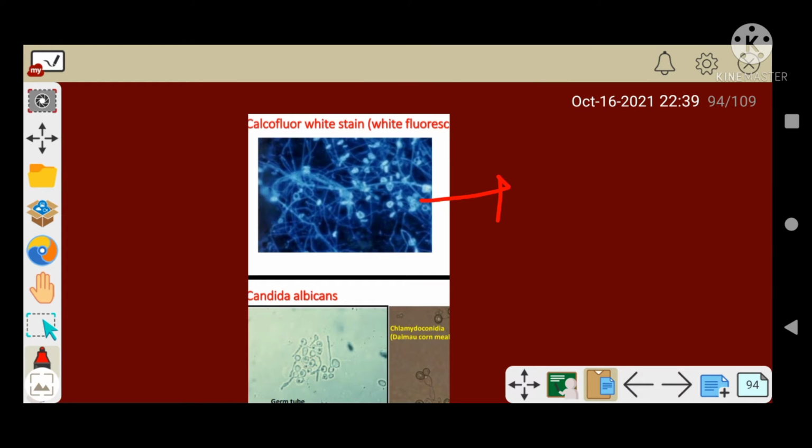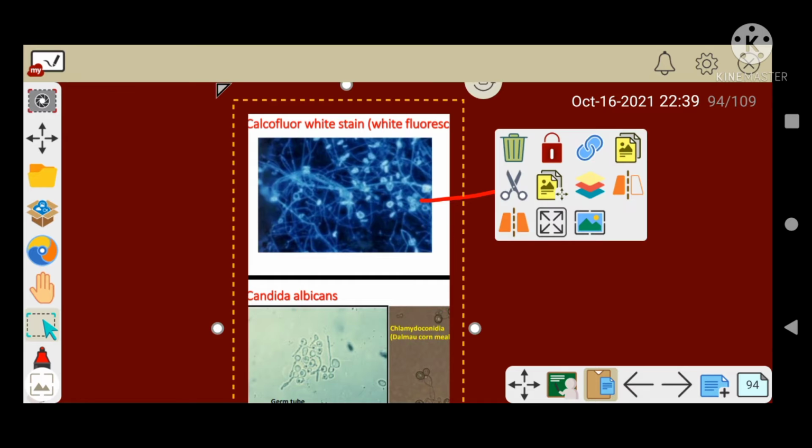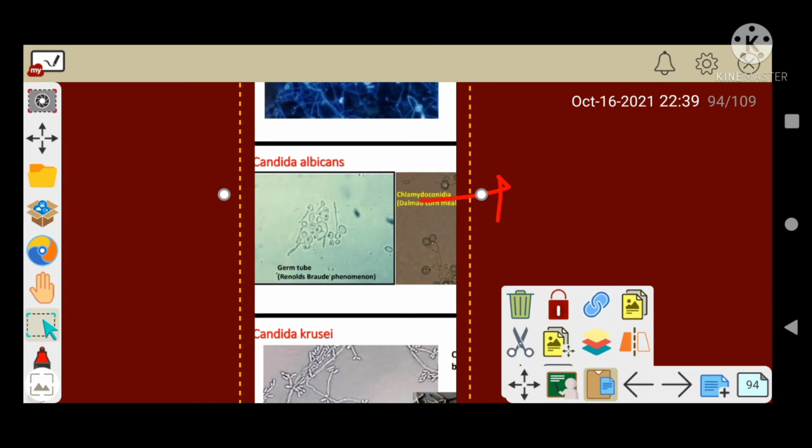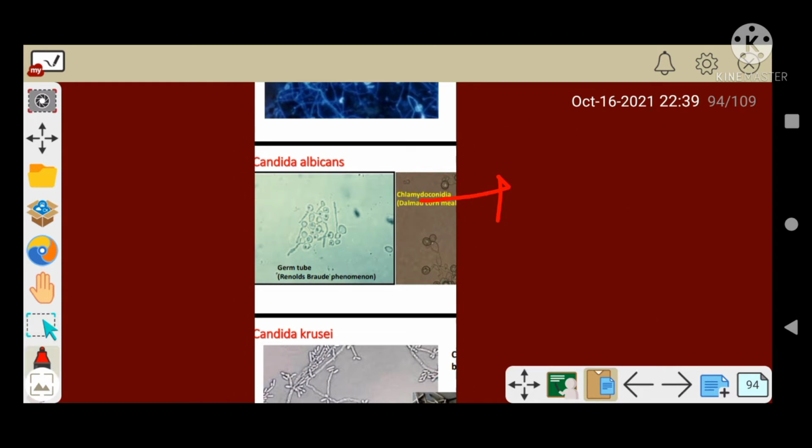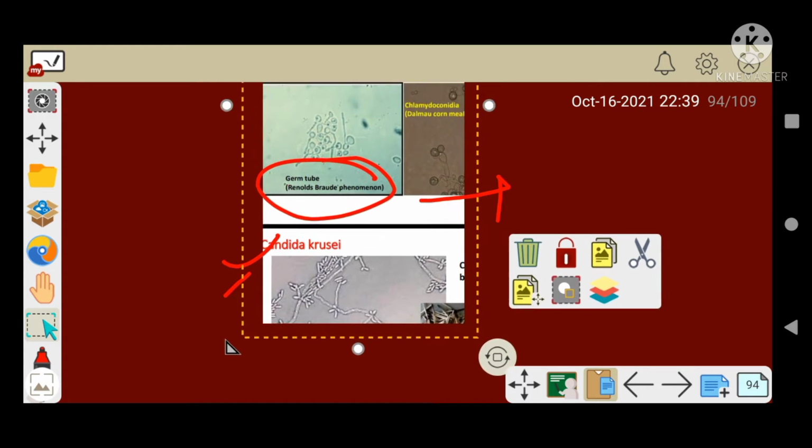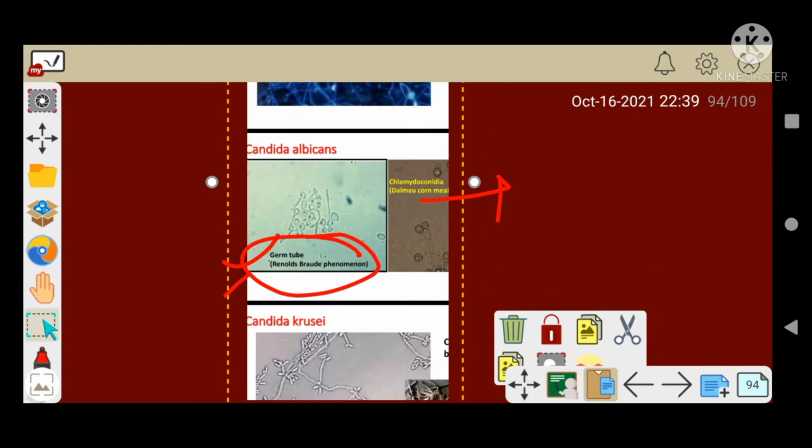Okay, next is Candida albicans. See, Candida albicans shows, this one has been asked, Reynolds braid or jam tube phenomena, right? So just remember. And this is Candida krusei. For completion's sake, just remember this one. Candida albicans shows jam tube or Reynolds braid phenomena, correct?